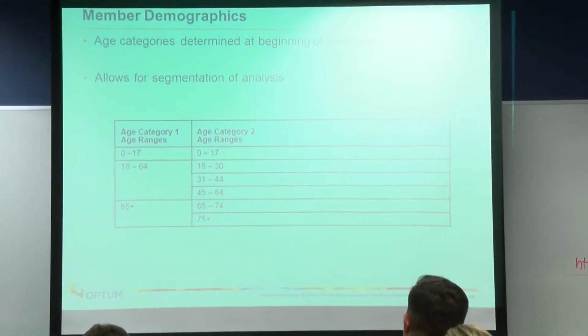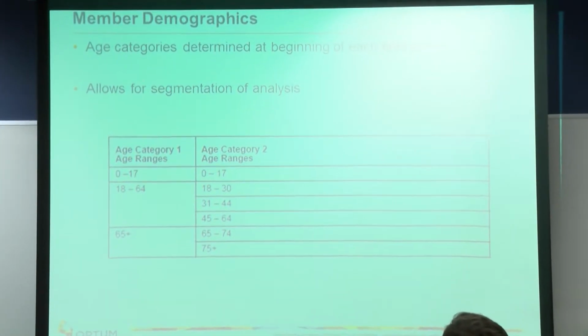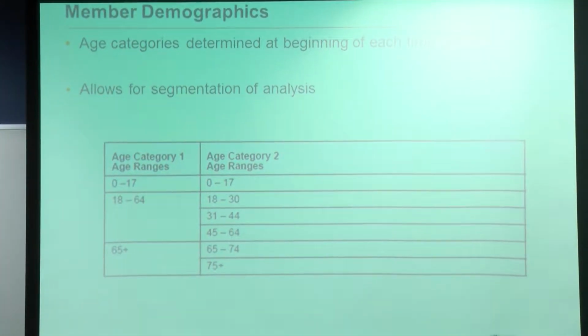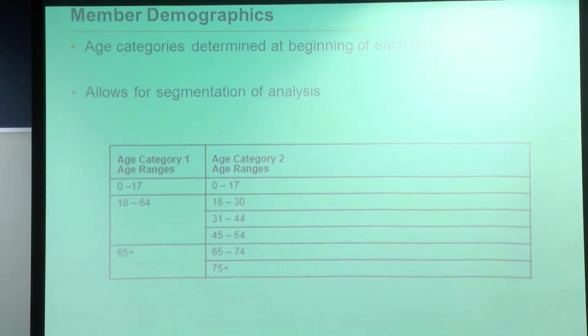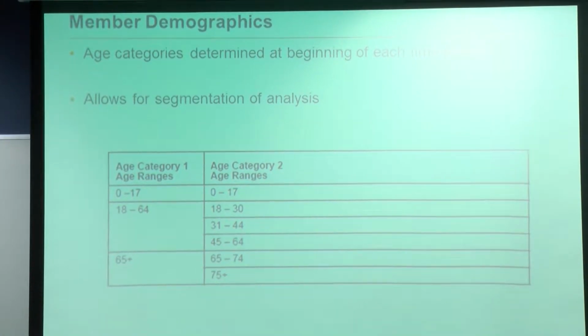Your member demographics in this case, you saw the age ranges in a couple spots already in the quick list. You saw that there's 0 to 17, 18 to 64, and 65 plus. What you didn't see was that we have a further breakdown. It's called age category 2, which you could have added as a column. That age category 2 has ranges, as shown there, and it gives you a little bit of fine tuning.